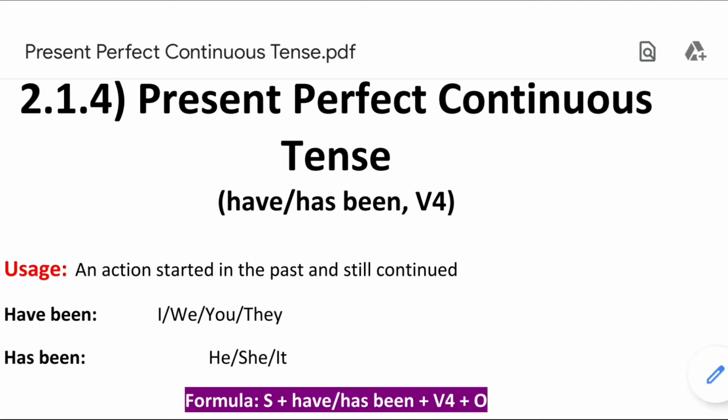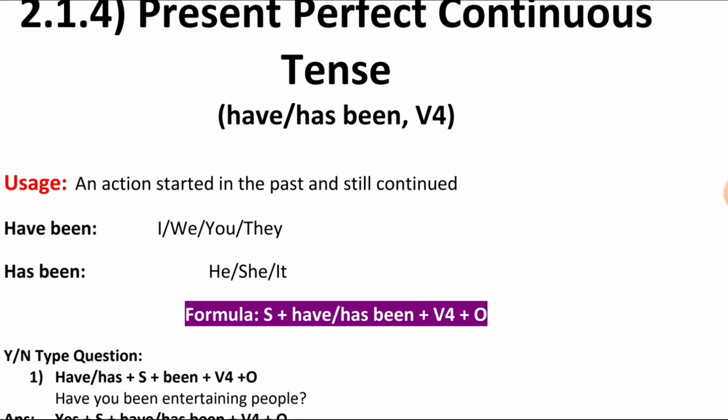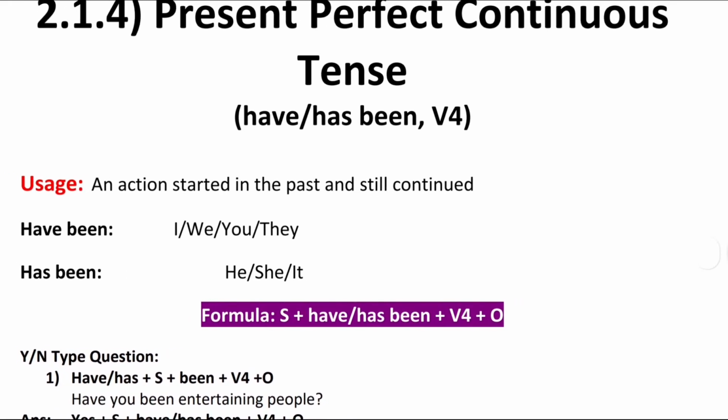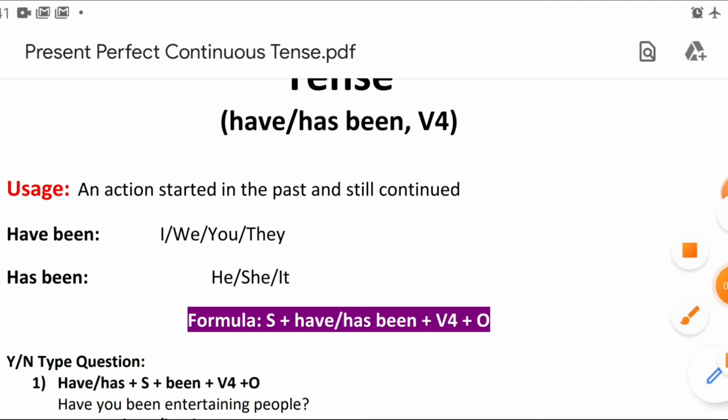Okay, so whenever your sentence starts with that subject, then you have to think which helping verb goes with which subject, and then you have to apply it. We will see that by examples. Through the examples we can learn it.